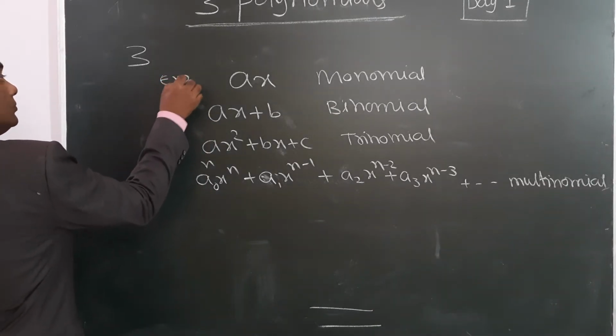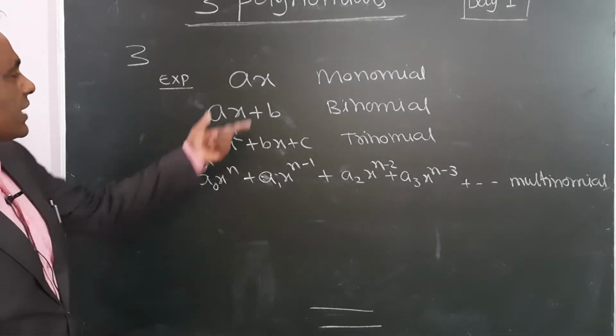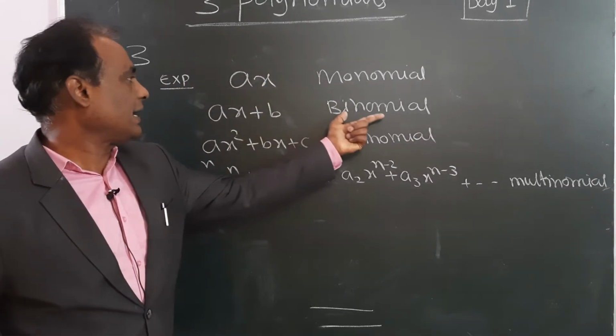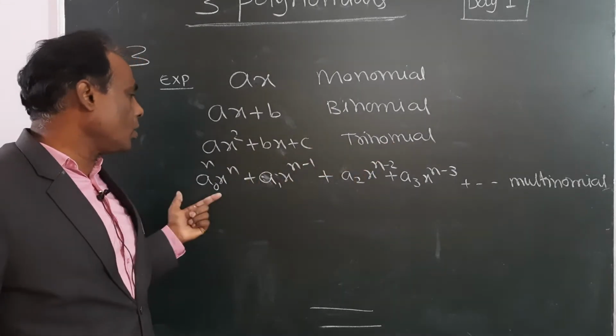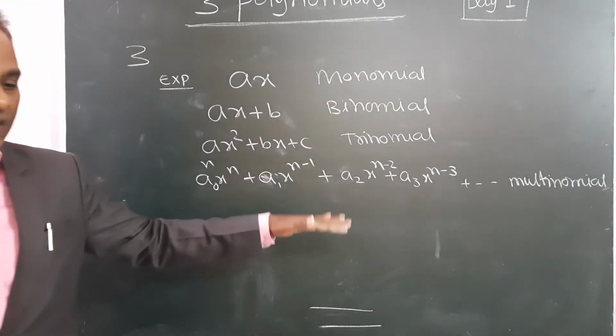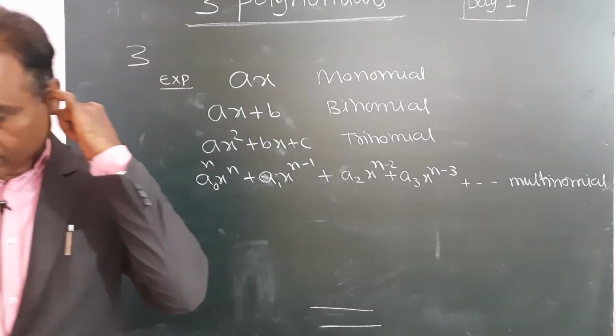Example, you write down. This is the example for monomial, two terms, binomial, three terms, trinomial, more terms is multinomial. Write down this example.